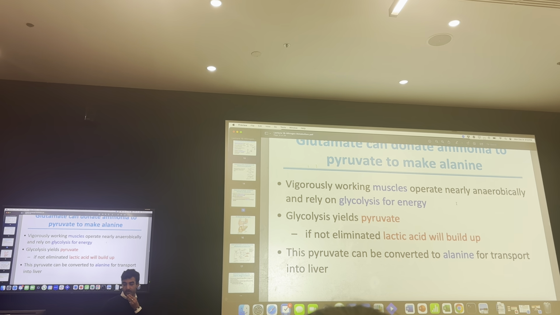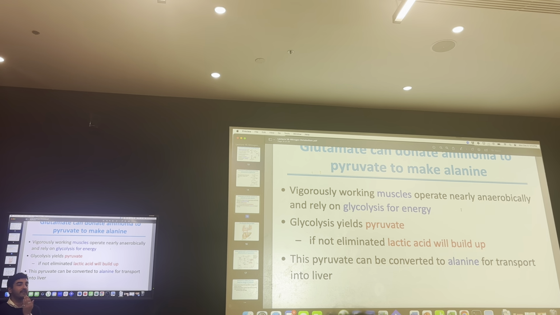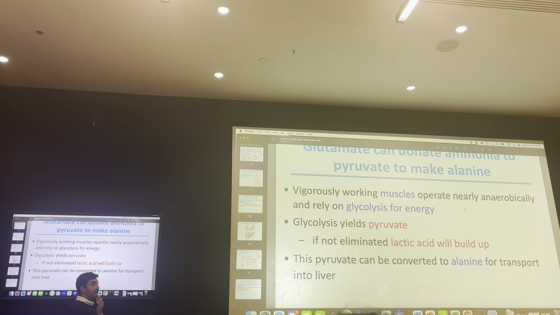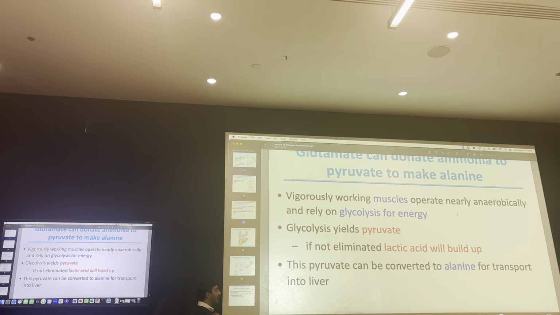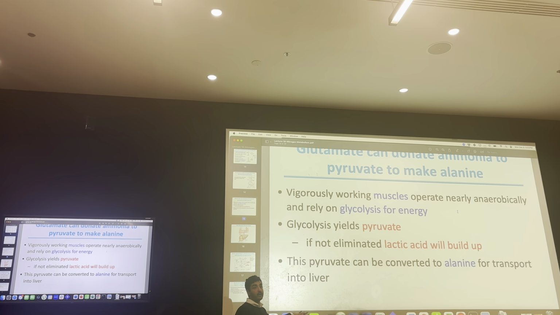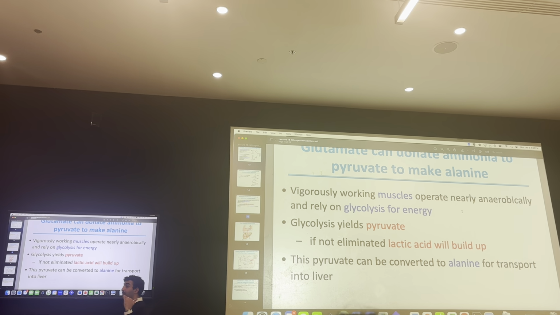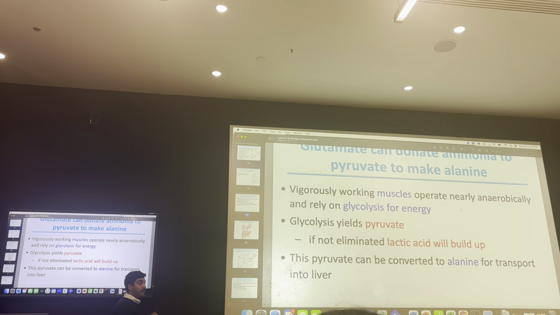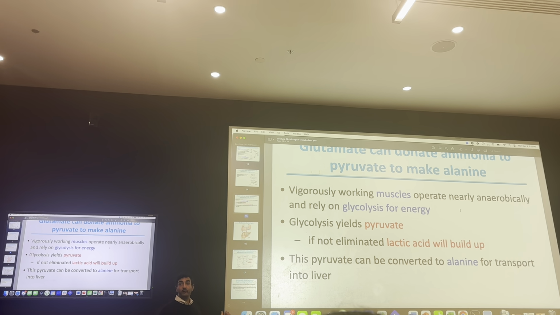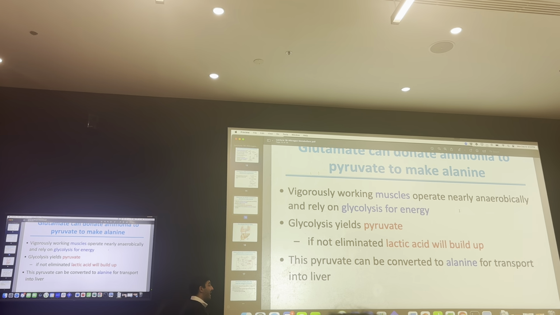The other source of nitrogen is alanine. We're thinking glutamine broadly, but alanine specifically in the case of our overworked muscle cells. When our muscle cells are overworked, there will be a buildup of pyruvate, and we need to get rid of that pyruvate. One way, as we talked about before, is by the synthesis of lactic acid or lactate.